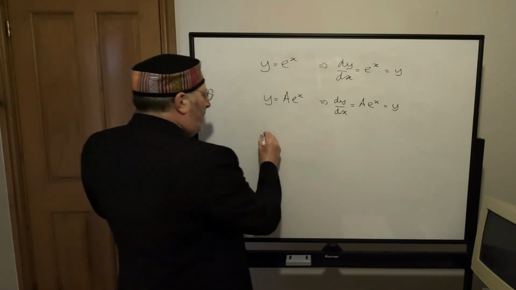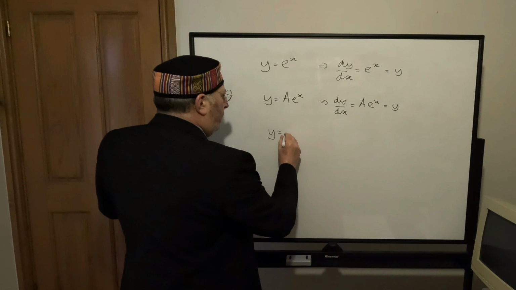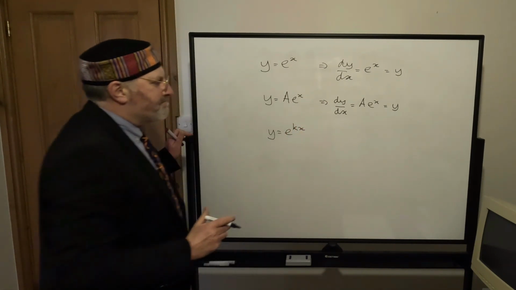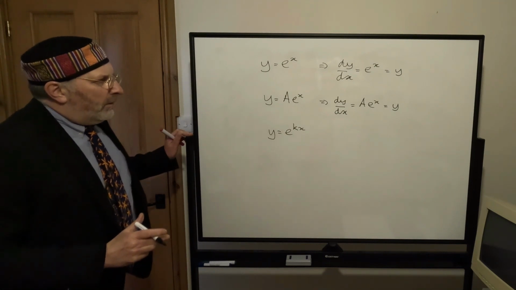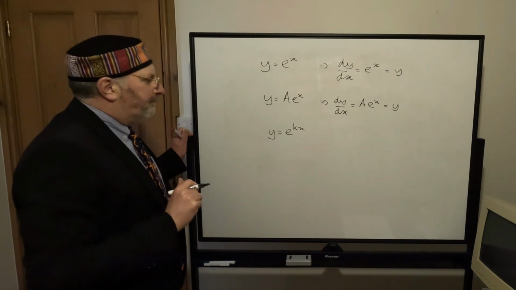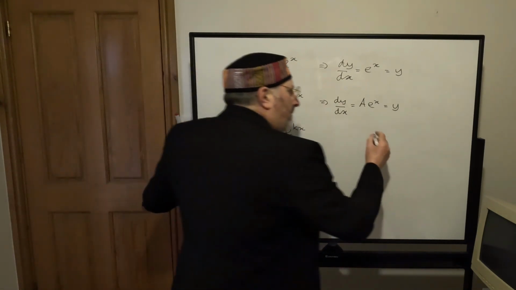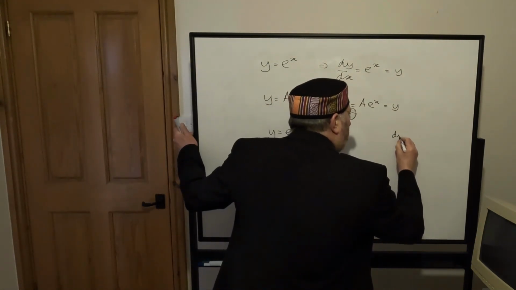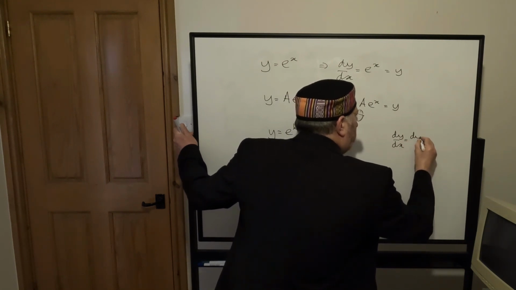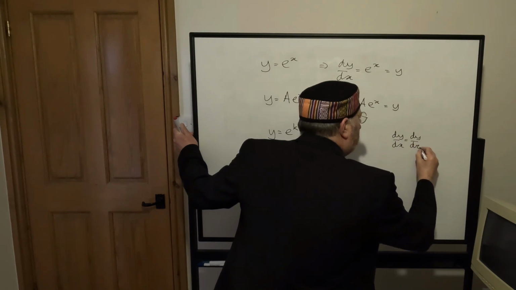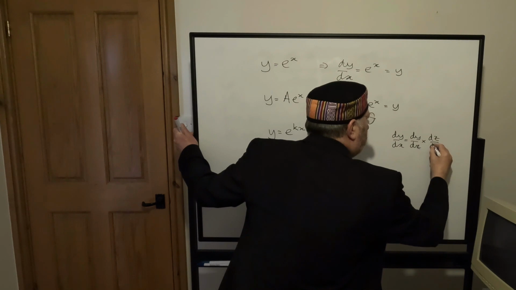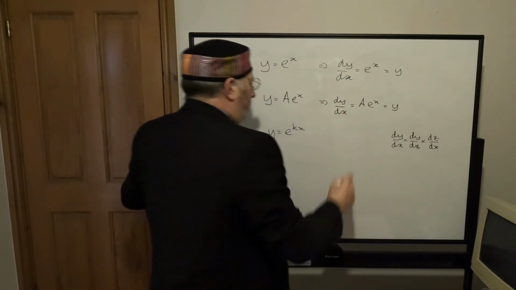What if y equals e to the kx? Well, to differentiate this, we can use the chain rule. Let's just remember what that is, which is dy by dx is equal to dy by dz times dz by dx.